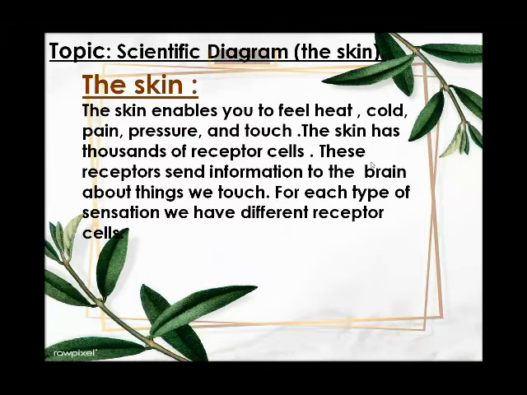These receptors send information to the brain about things we touch. For example, for each type of sensation, we have different receptor cells. We have different cells for cold, different cells for pain, and different sensation cells for pressure. So by this sense organ, we can feel touch, pain, pressure, heat, cold.